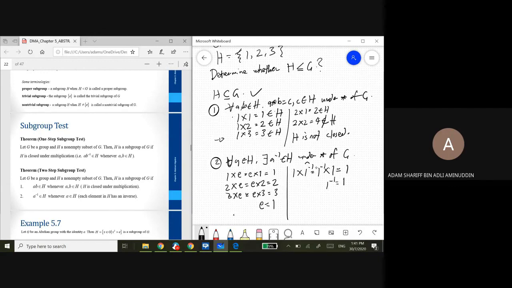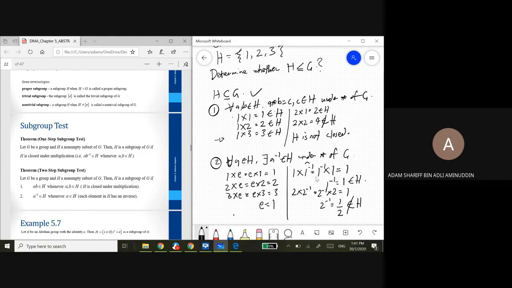It exists. 1 is also in H. Then 2 times 2 inverse equals 2 inverse times 2, you get back 1. What is that 2 inverse? The 2 inverse will be 1 over 2. And 1 over 2 is not an element in H. Look at H: H is 1, 2, 3. There is no 1 over 2.